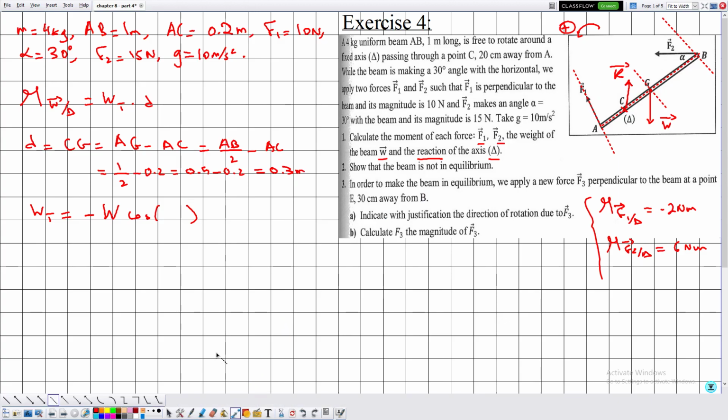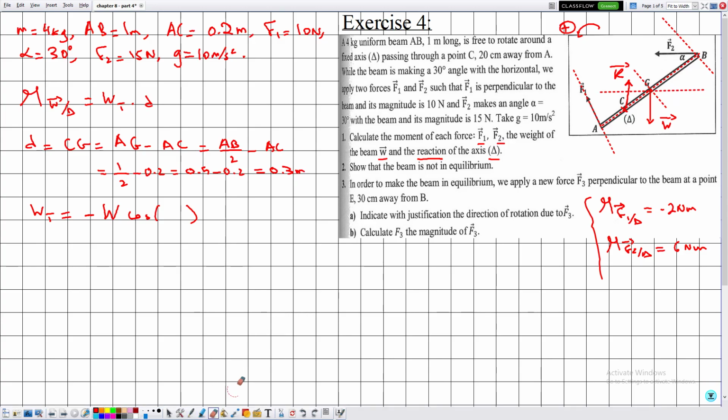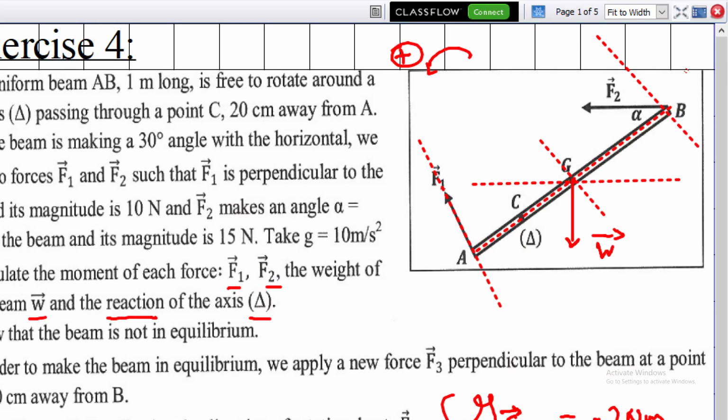So for this reason, let me consider here another direction, which is the horizontal. And now let me erase this reaction. I will consider it later, just to make the figure clearer. Now, why have I plotted this line?